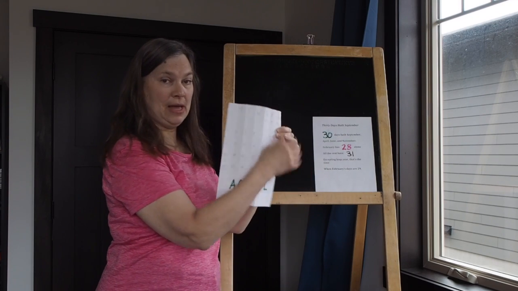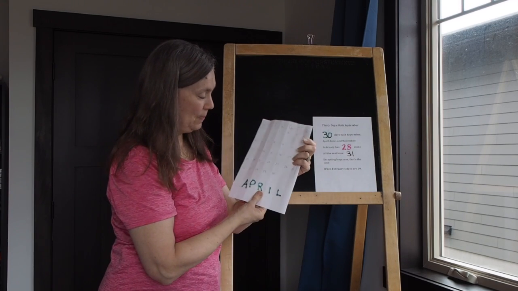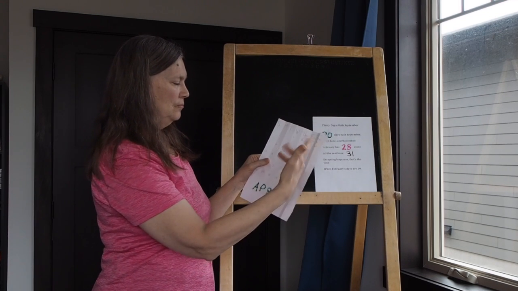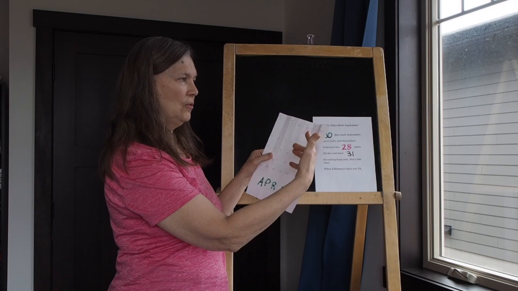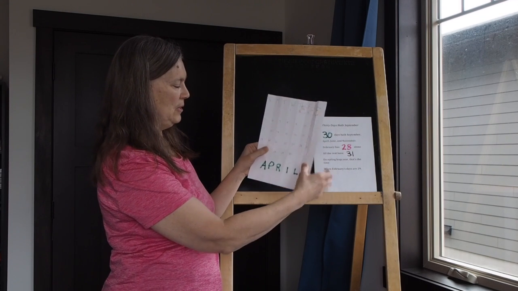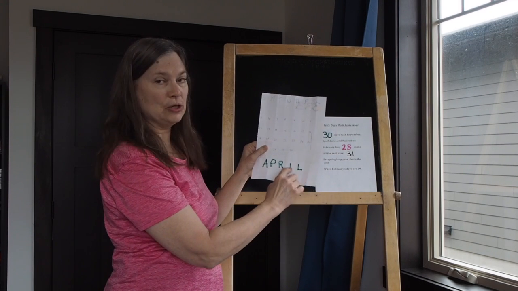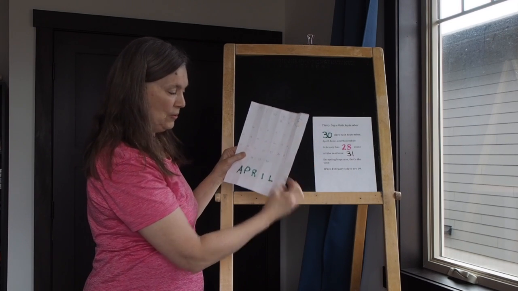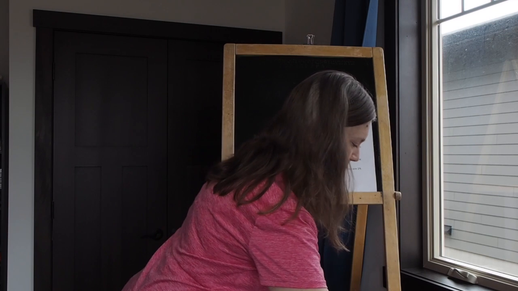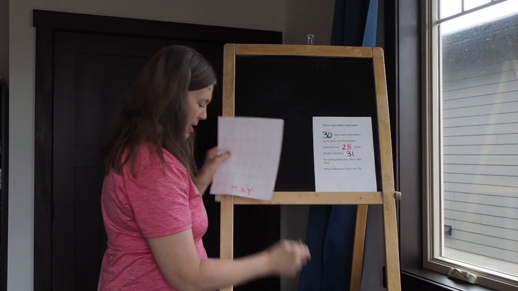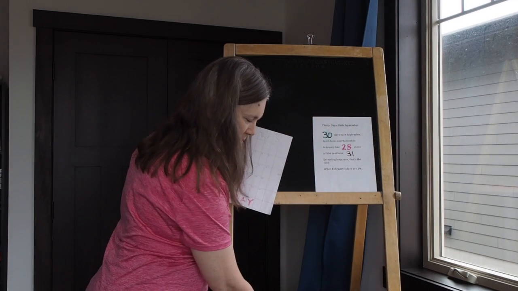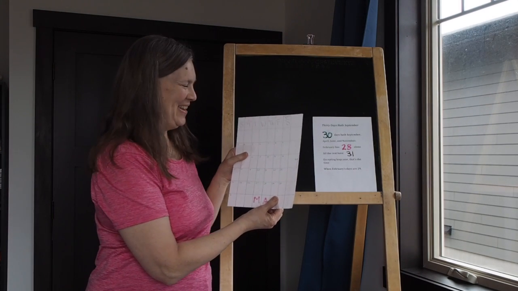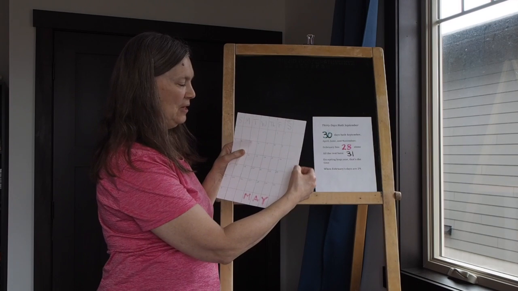Now the lines that go across your paper have to be between 4 and 6 centimeters for the numbers, but then a little bit of extra space so you can put the name of the month. So to make those, I took a ruler and measured 4 centimeters.